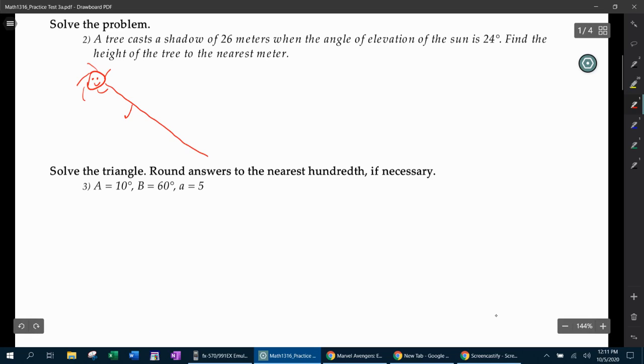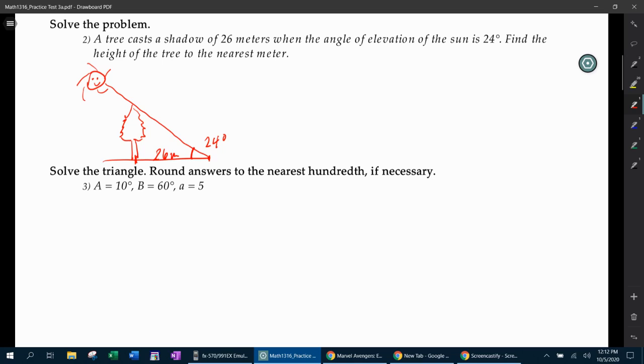And then here's our tree, something like that. The angle of elevation is 24 degrees, so that's going to be this angle down here. And from here to here is the 26 meters.